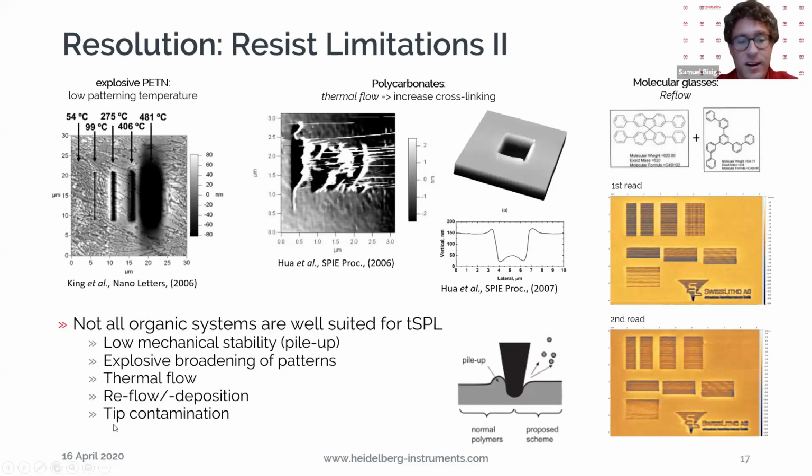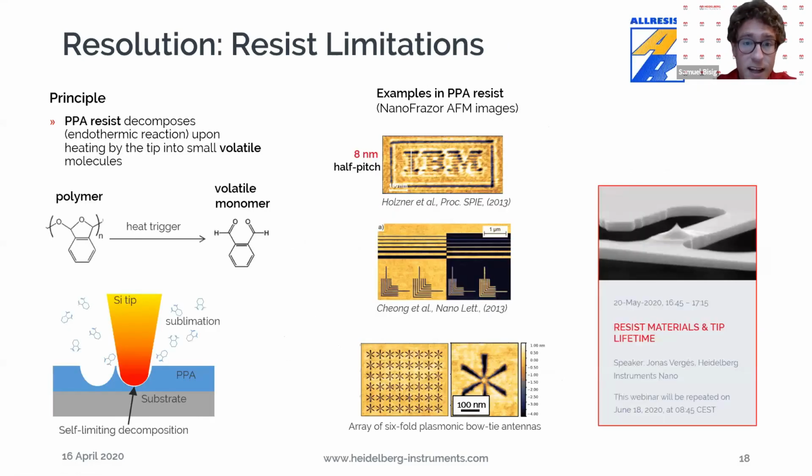And finally, the most important thing for the tip endurance of your NanoFrazor operation is how much residue we pick up at the tip. So ideally we want a material which directly sublimates and decomposes completely without any residue formation. That brings me to the actual system we are using at the moment as a gold standard.